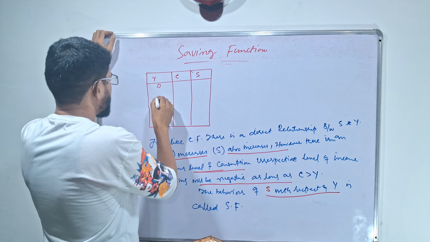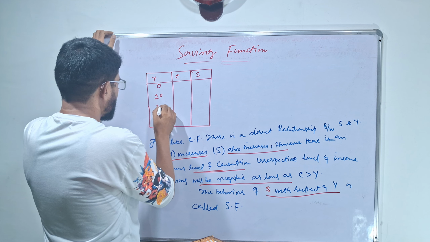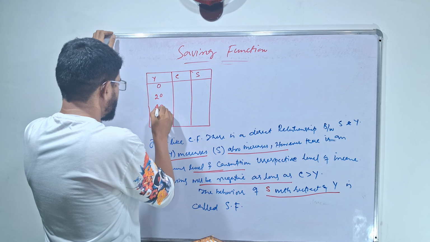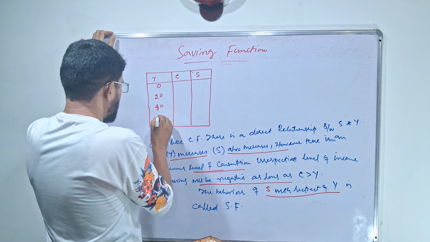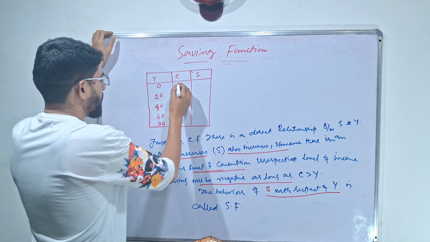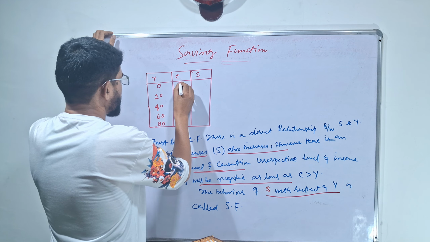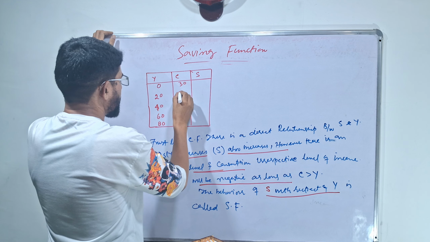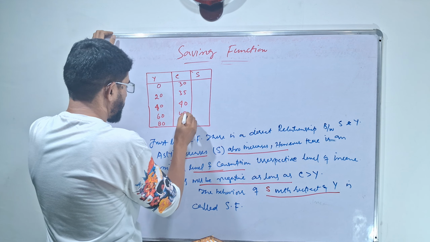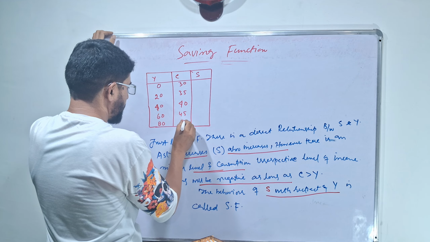For example, income 0, 20, 40, 60, 80, and consumption 30, 35, 40, 45, 50.